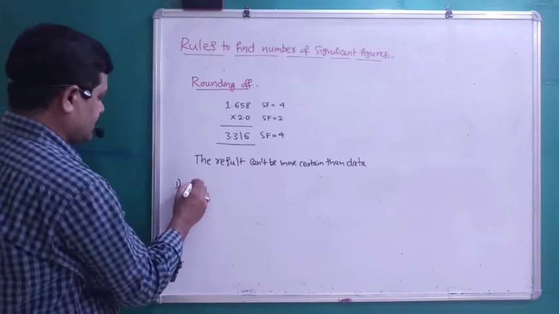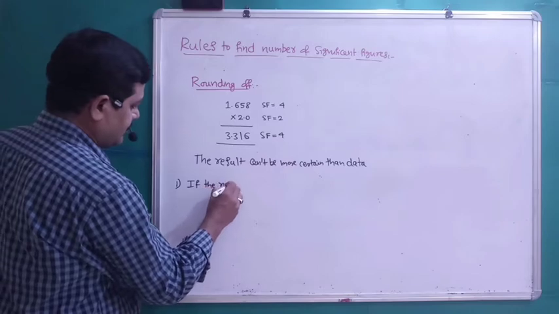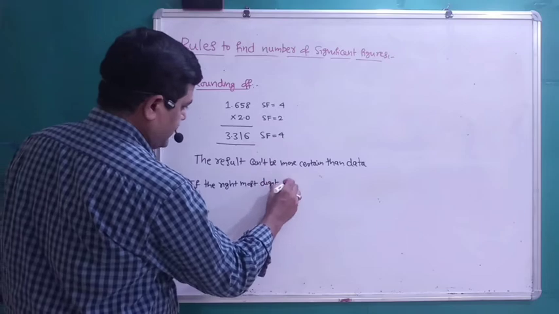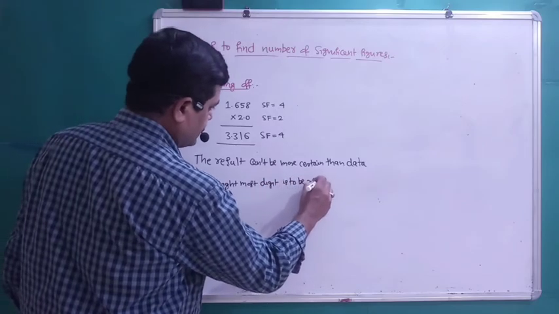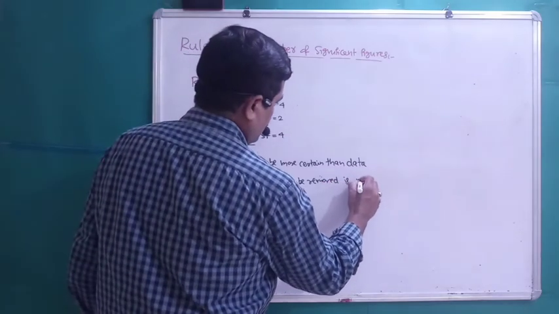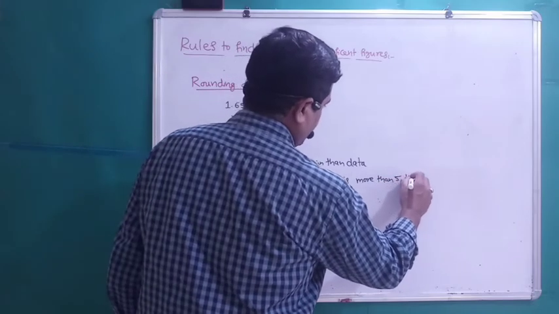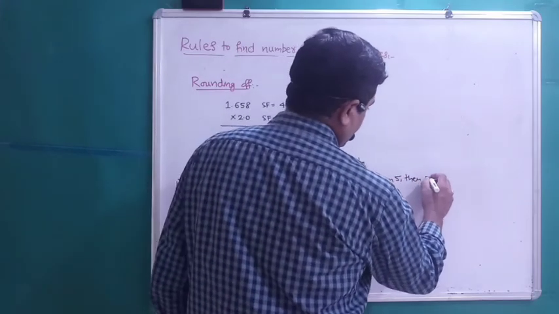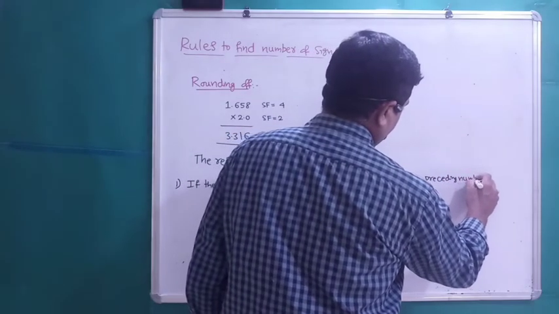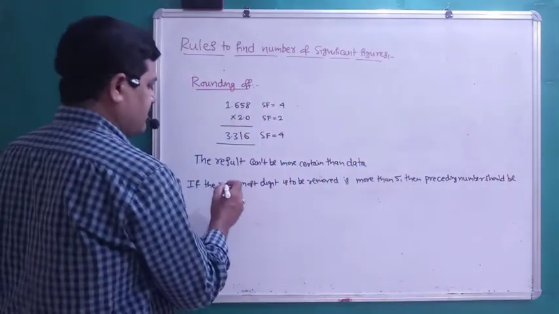First one, if the rightmost digit to be removed is more than 5, then the preceding number should be increased by 1.